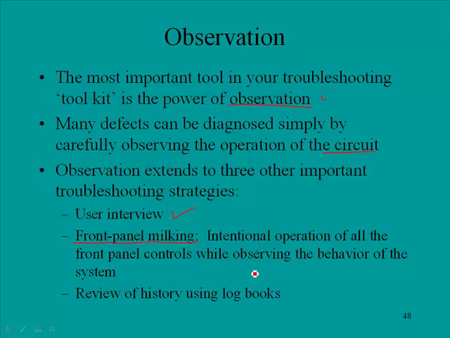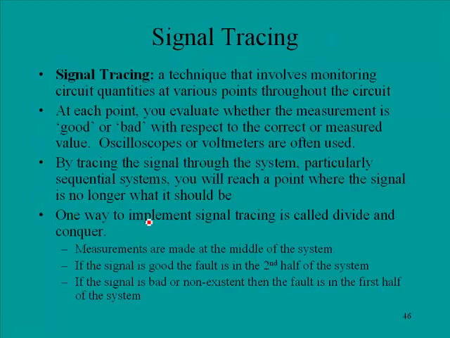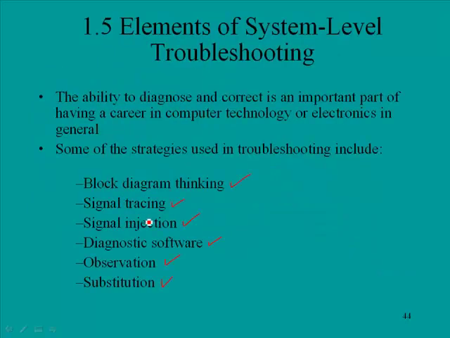Remember, your senses can tell you a lot about troubleshooting. We've looked at diagnostic software used primarily in computing, but also in the automotive industry. Lots of industries now use diagnostic software to troubleshoot electronic systems. Signal tracing, block diagram thinking. That concludes elements of system level troubleshooting, section 1.5.